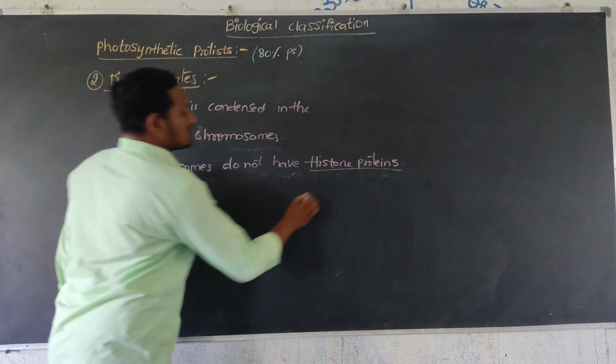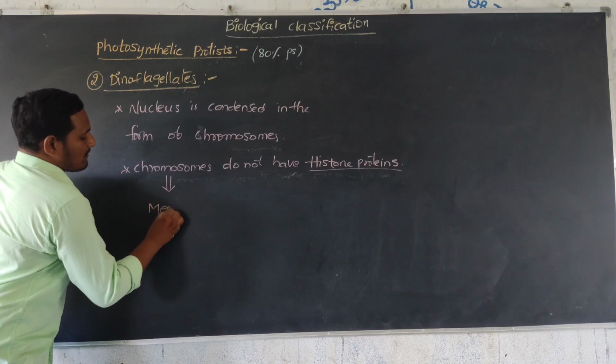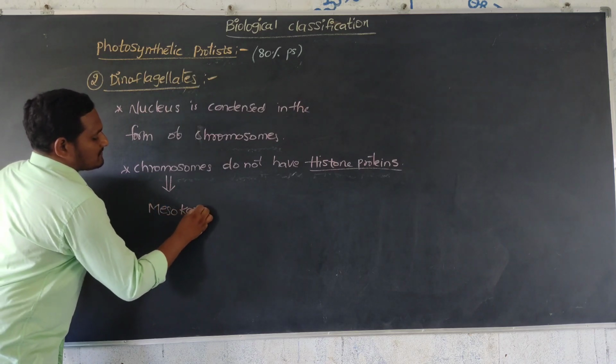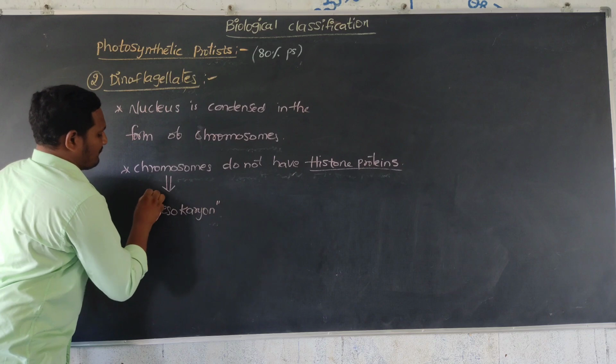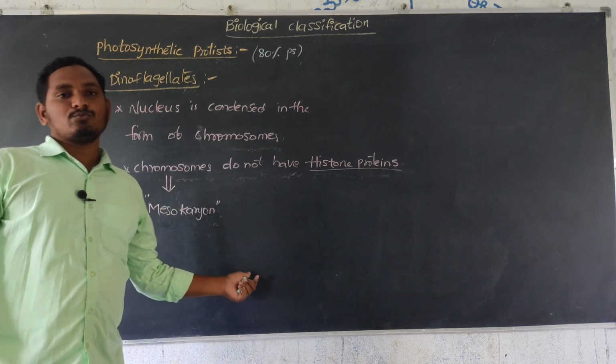That's why these chromosomes are called mesokaryon. Mesokaryon means the chromosomes do not contain histone proteins.